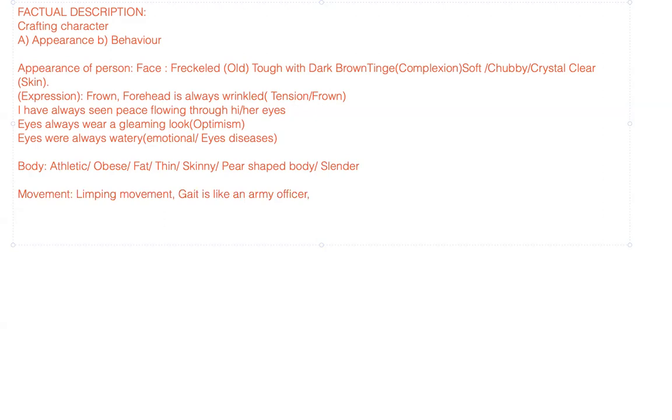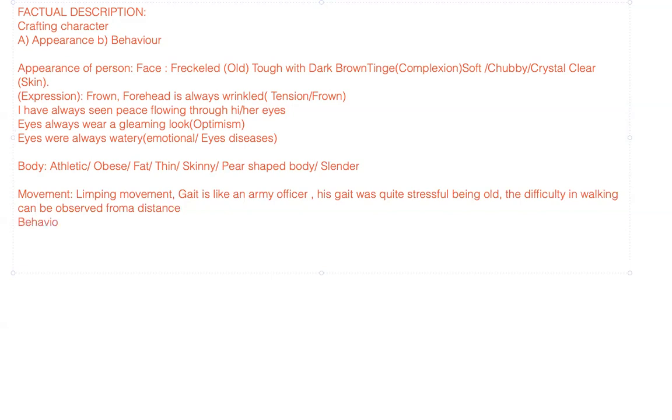A limping movement was there, or his gait was quite stressful. Being old, the difficulty in walking can be observed from a distance. These are the words you can use for movement.